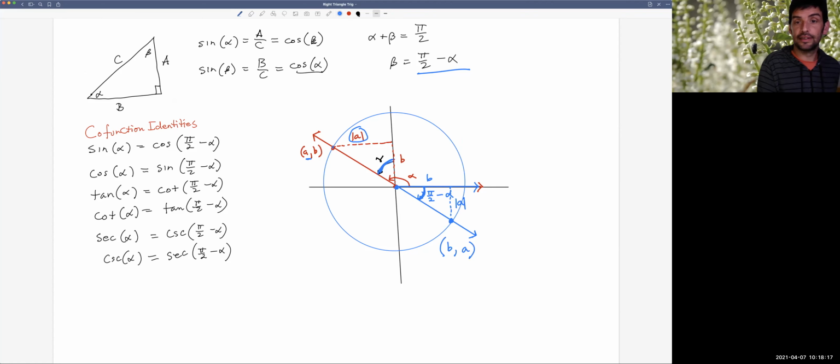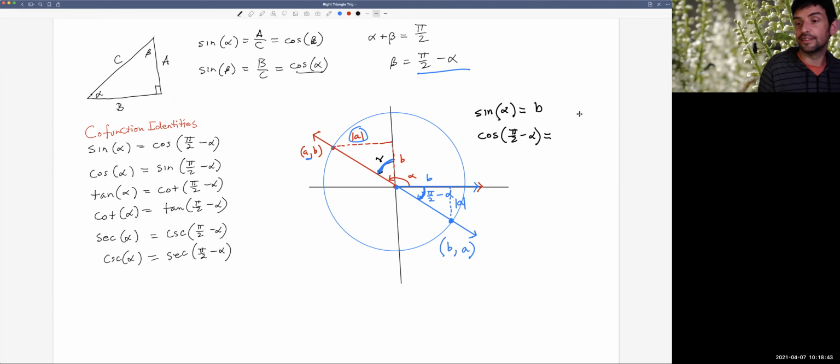And let's look at the trig functions. Sine of alpha is B. Cosine of beta, which remember is pi over 2 minus alpha, is where we ended up after all this work.